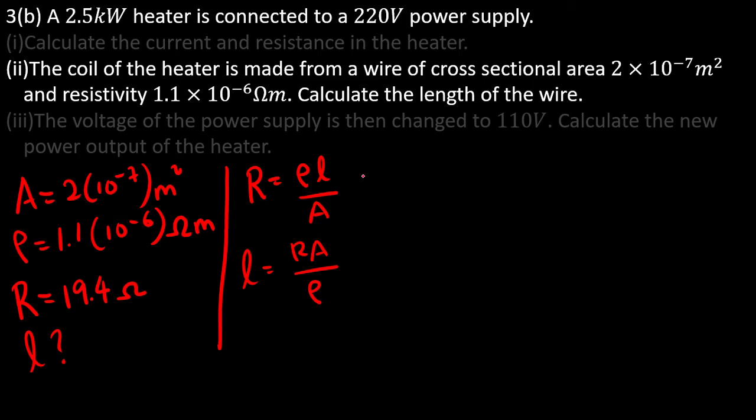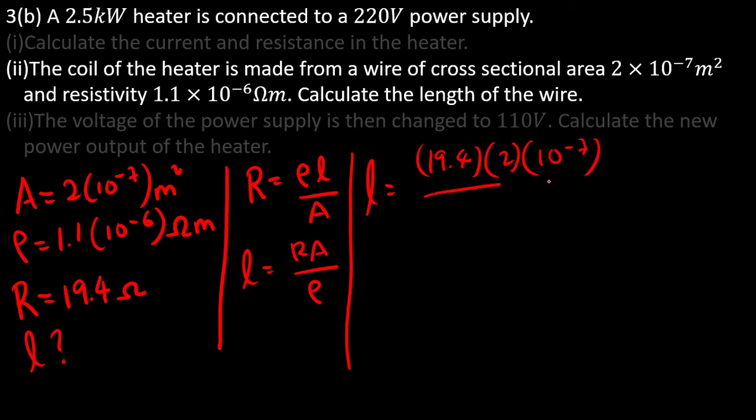Substituting the values, R is 19.4 ohms multiplied by 2 times 10 to the power of negative 7, and dividing that by 1.1 times 10 to the power of negative 6. That would give us a value of approximately 3.5 meters.